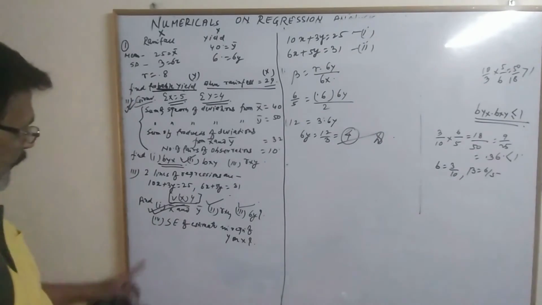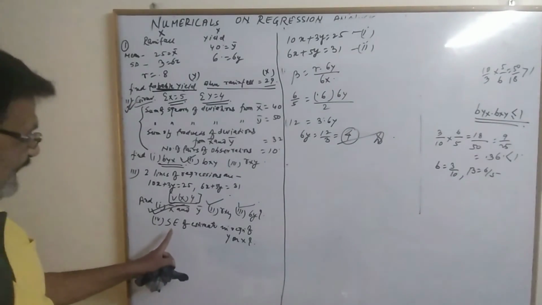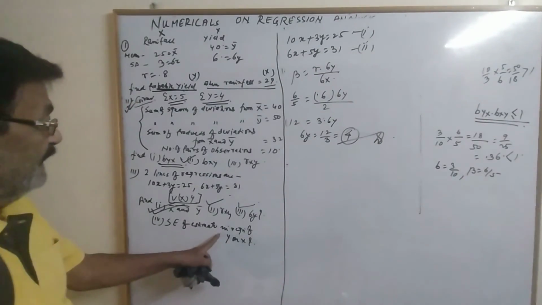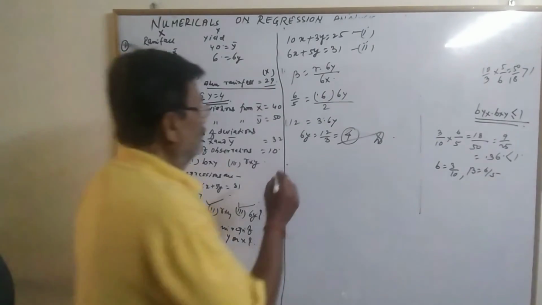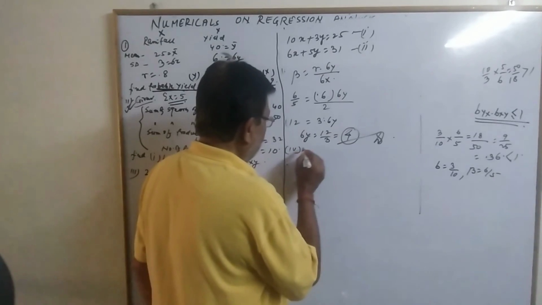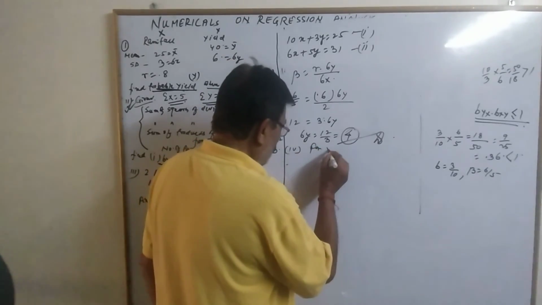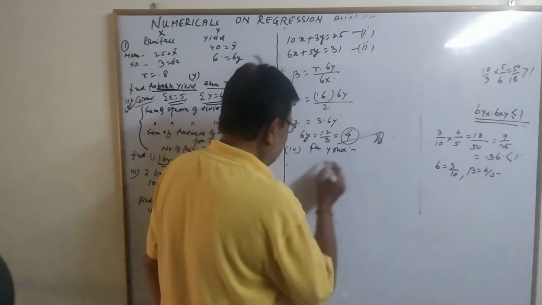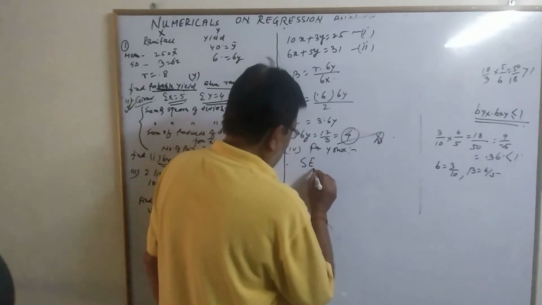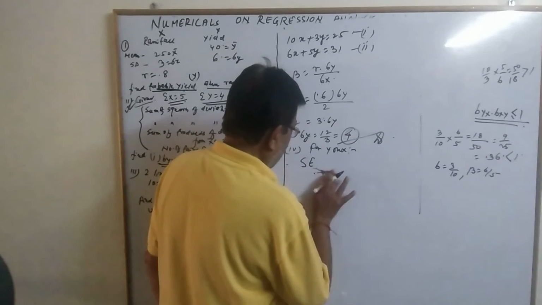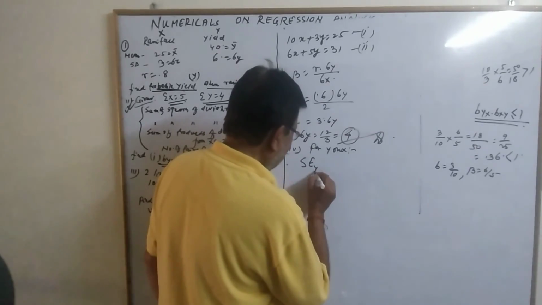And fourth has been asked, standard error of estimate in regression of y on x. There is a formula here. Number 4. For y on x, standard error, you simply write here yx. That will suffice.